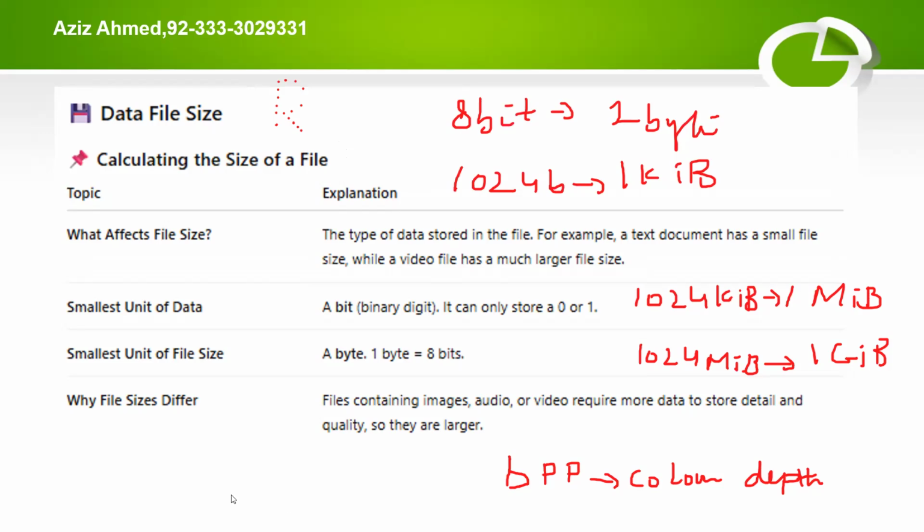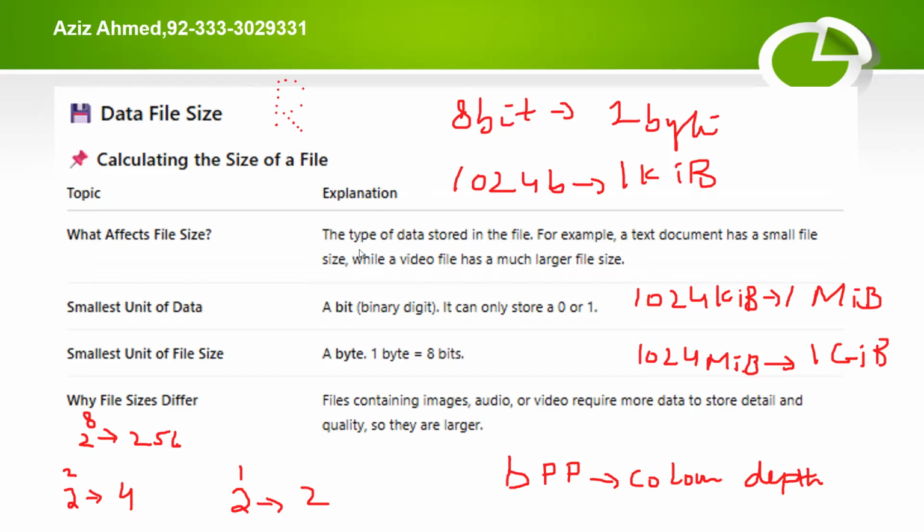If I assign 1 bit to a pixel, 2 colors can be produced. If I assign 2 bits to a pixel, it will produce 4 colors. As you increase the number of bits per pixel, colors increase, like 8 bits will produce 256 colors.